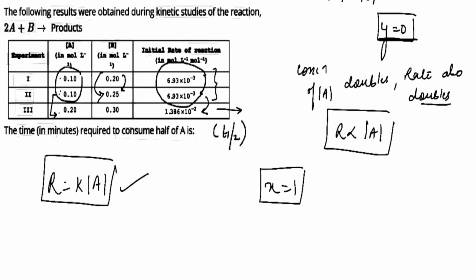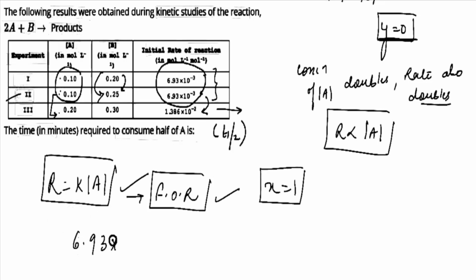Now we have to find out the value of K first. So basically, this is a first order reaction. Let us consider any of the experiments. So I am considering experiment number 2 here. The value of rate corresponding to it is 6.93 into 10 power minus 3. We have to find K, and the concentration of A here is 0.1.